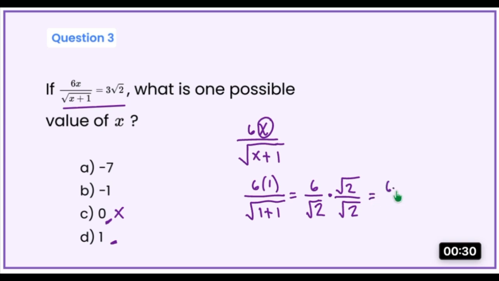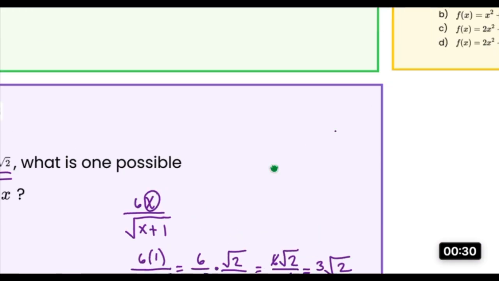So we have 6 square root of 2 over 2. And then we cancel out 6 divided by 2, which is 3 square root of 2. So there, it's equal to 3 square root of 2. That means our answer here is letter D. Did you get that too? Let's proceed to question number 4.